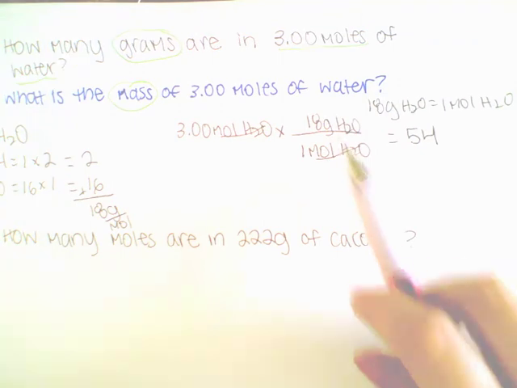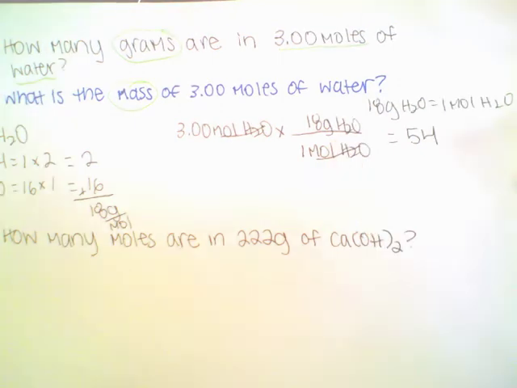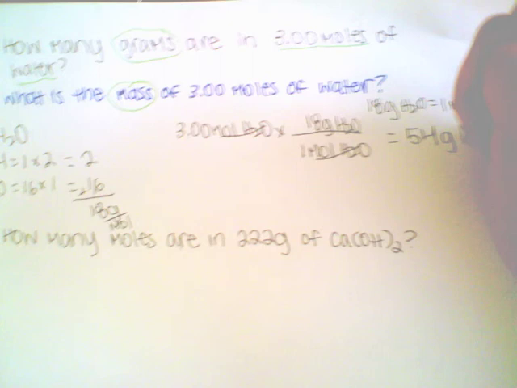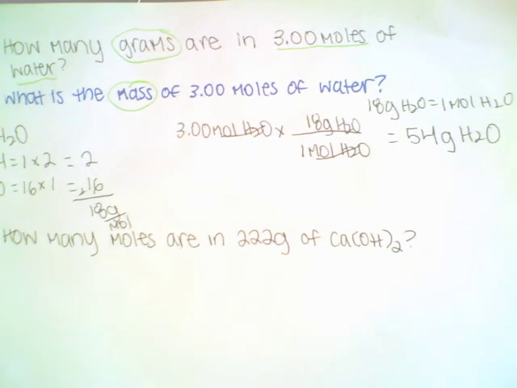Whichever unit you have left up here, that's the unit that you are left with. So you have 54 grams of water. You take a look back at the question. It said how many grams are in 3 moles of water. You make sure that you solved for the right thing. We found the mass of water.